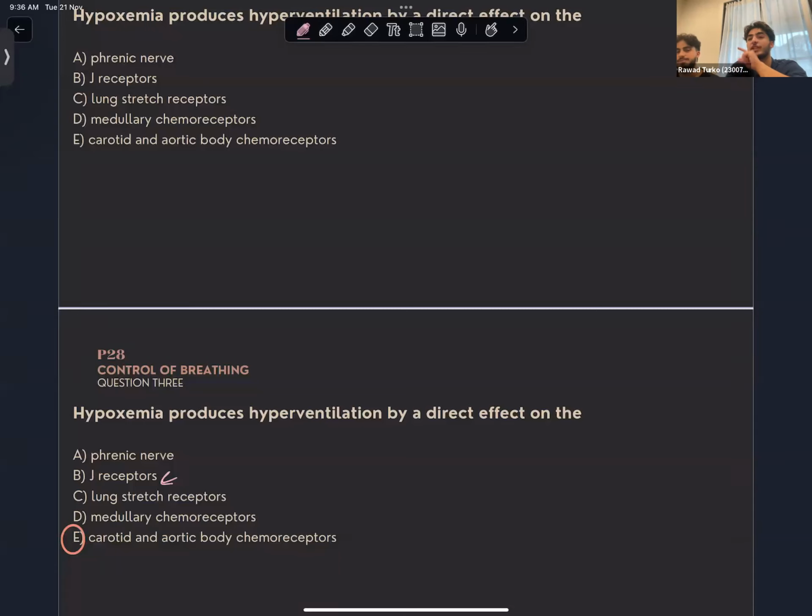That's the main thing. These are stretch receptors. And then phrenic nerve, you guys know what the phrenic nerve does, it innervates the diaphragm. And I think we didn't take these two in chemoreceptors. The only ones that we took for hypoxemia were carotid and aortic body chemoreceptors.